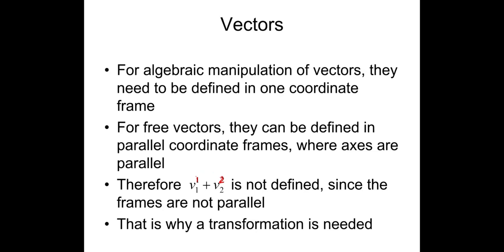So we cannot do the calculation of that. Since this is not able to be calculated, that's why we need a transformation. Once we have this transformation, we can do a lot of calculation like that.